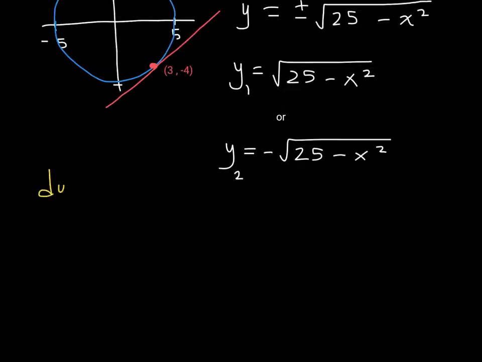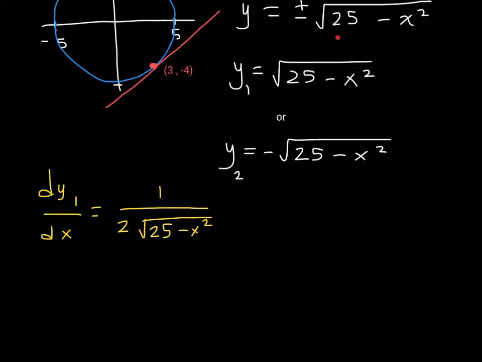Okay, so now what we can do is we can say, all right, dy sub 1 dx is equal to, let's see, it'll be 1 over 2 times the square root of 25 minus x squared. I am right now finding the derivative of this function here. I'm using the power rule.